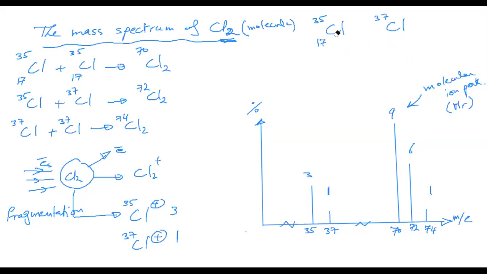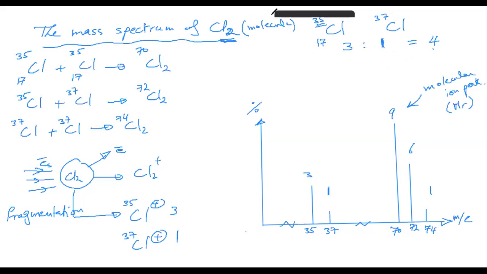So we say that when we have chlorine-35 to chlorine-37 in the ratio 3:1, the total probability will be 4. This means that chlorine-35 is formed with the probability 3/4, and chlorine-37 is formed with the probability 1/4.